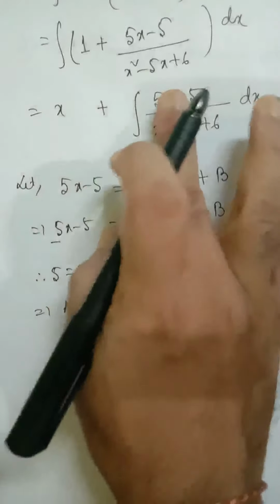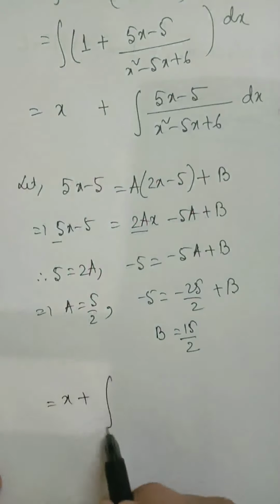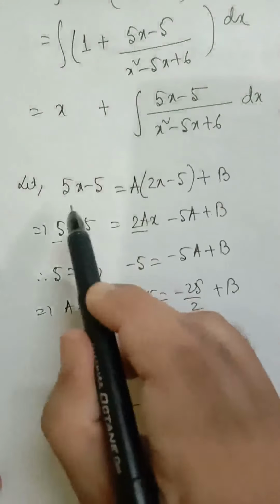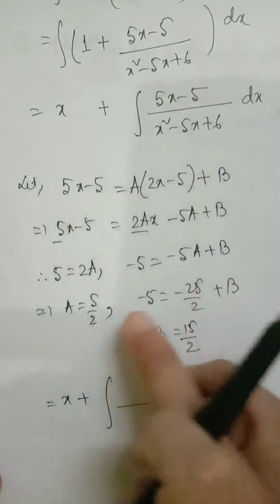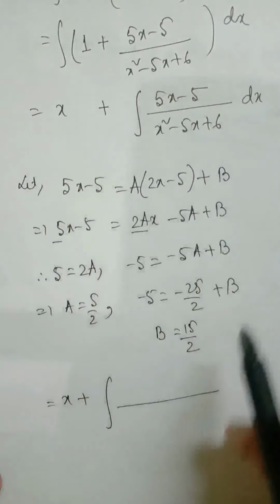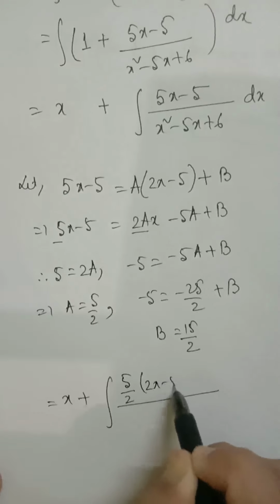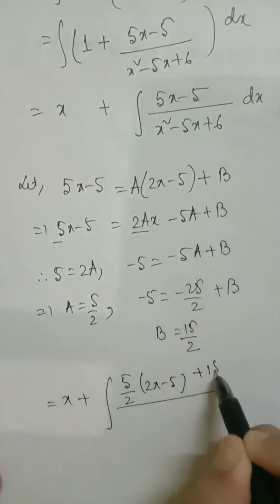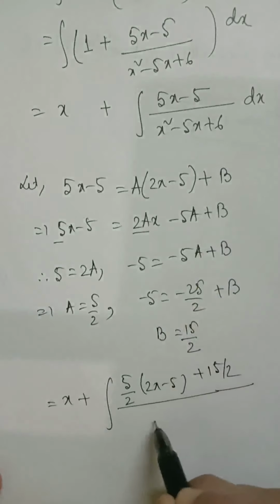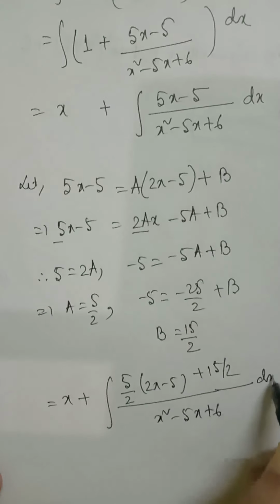Now given integral becomes x plus, 5x minus 5 equal to, now we can write a is 5 by 2, so 5 by 2 into 2x minus 5 plus b is 15 by 2, divided by x square minus 5x plus 6 dx.